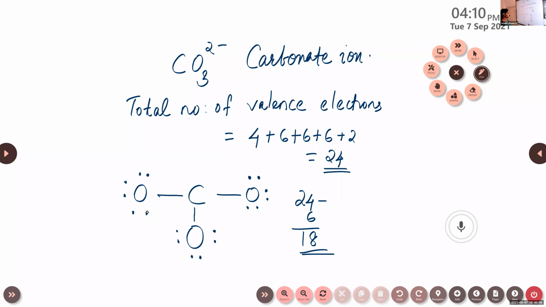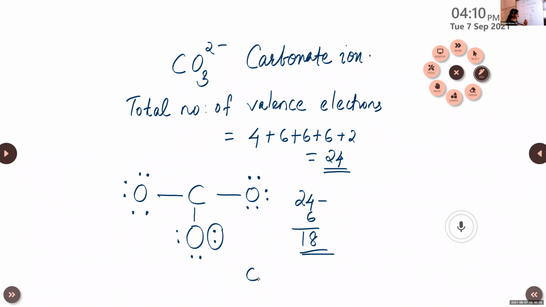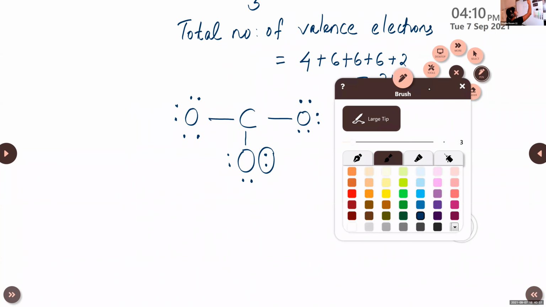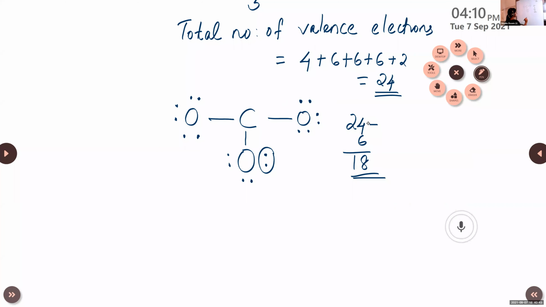Then you look at the valency, or the octet, of carbon. Only 6 electrons are there, right? So in order to make it octet, we will share the 2 electron pairs with carbon atom. Then it will become C, then 2 oxygen atoms with 6 electrons.